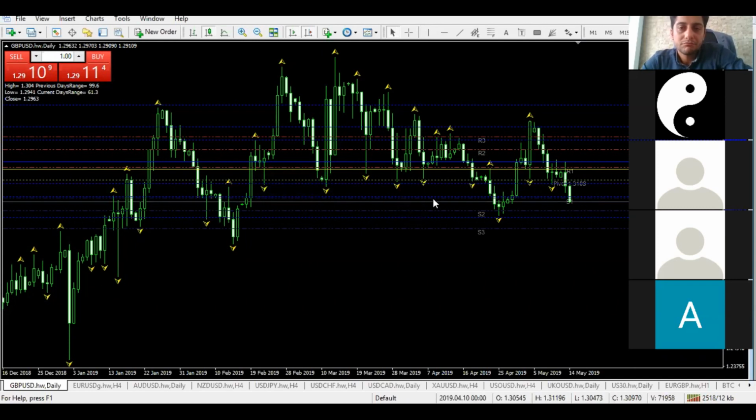It means this trend is sideways, like the candles that we have here. Look, this candle is exactly the same as this one, but it's smaller. It's really smaller.